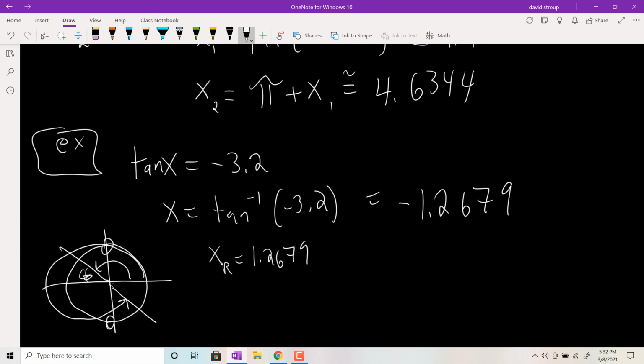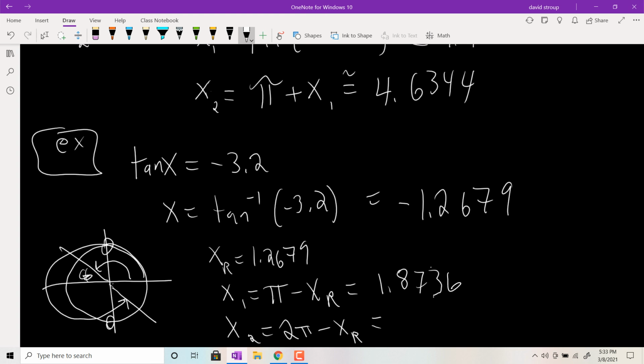So to get the first angle, x1, you're taking 180, or pi, and subtracting away the reference angle. To get the second answer, you have to take 2 pi and subtract away the reference angle. So the first answer, I take pi and I'm subtracting away 1.2679, and I'm getting 1.877369.